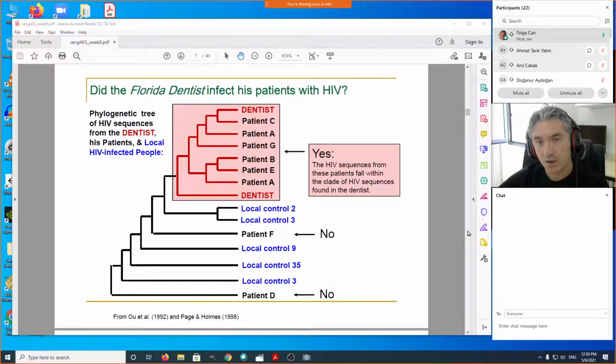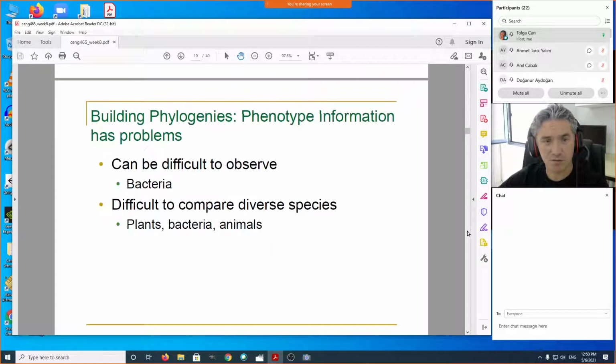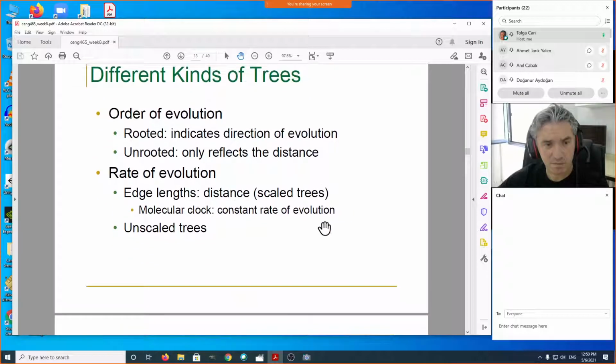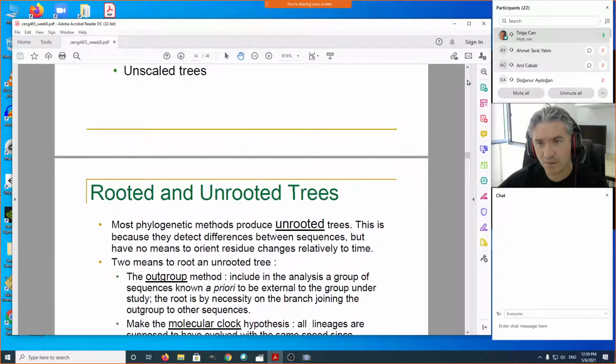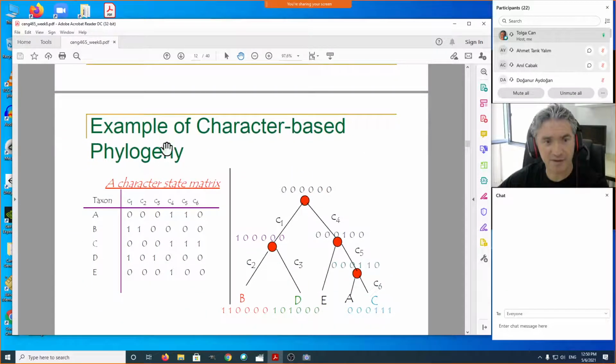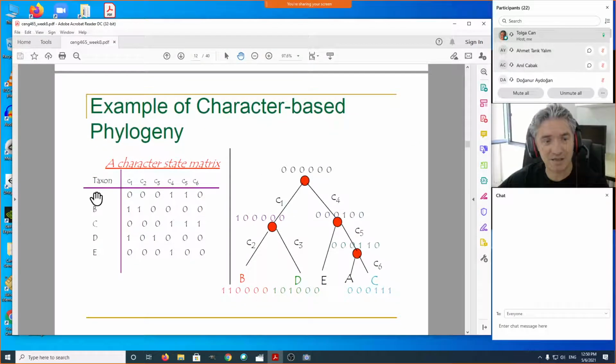There is also the maximum parsimony method, a character-based phylogeny. We may have a character state matrix, for example: do these individual objects show these characteristics or not? There are also methods to build phylogenetic trees based on that. We're not going to focus on those methods in this course.